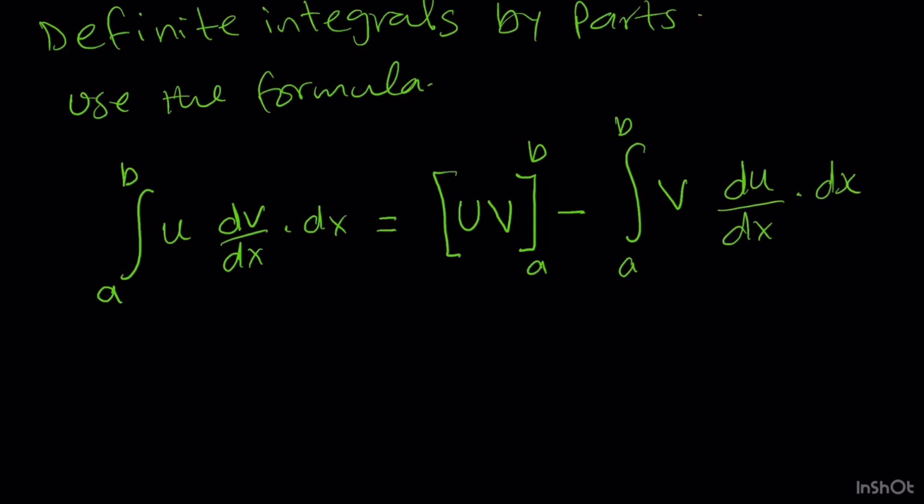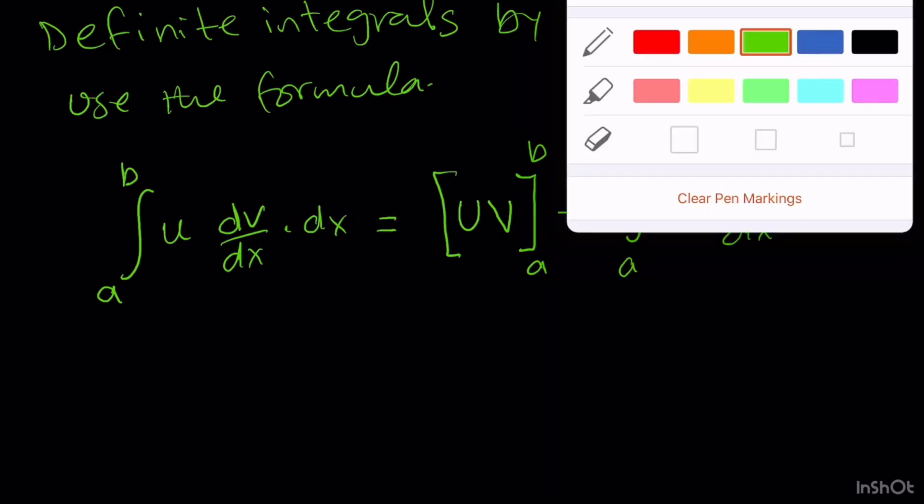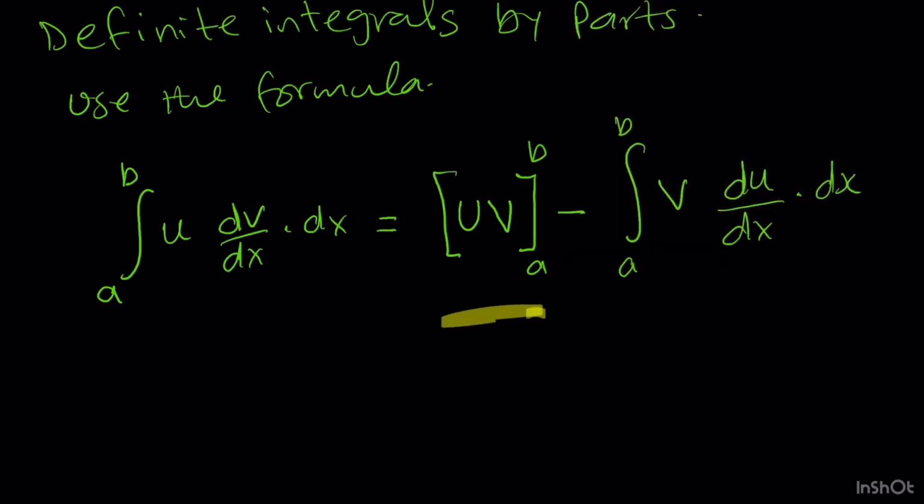Yeah, that's important. If you have limits and you're doing integration by parts, you need to apply the limits on your uv term as well. Okay, both of them. And that's it.